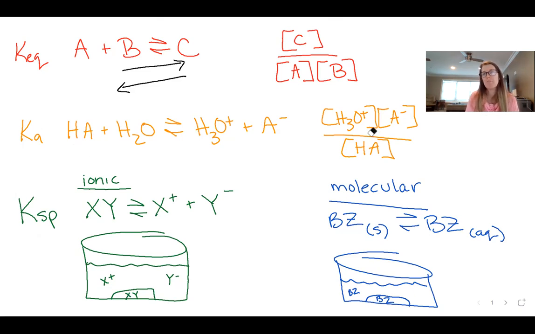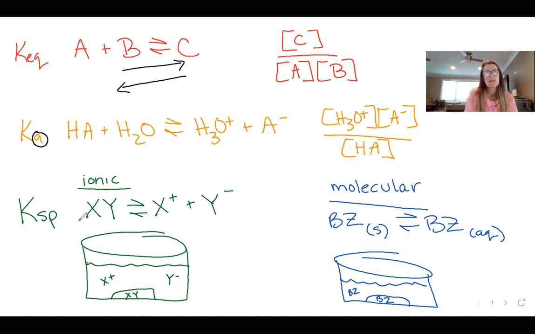So there's no net effect on the concentration of HA, A minus, and hydronium. But now what we're talking about is a very specific case scenario. And so we use a subscript to say, hey, we're talking about acids dissociated in water, where it will always have this format because we're talking about a very specific context.